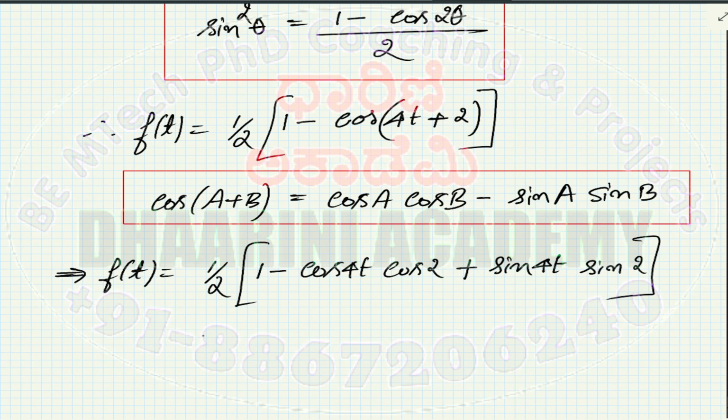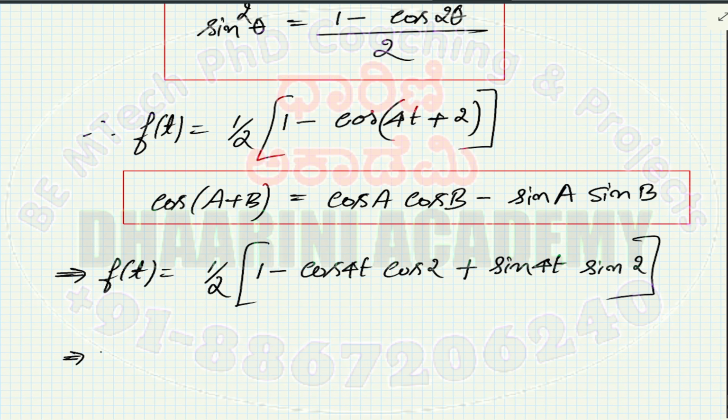All right, now we can see that we can directly convert them into the corresponding Laplace transform. Now you see that though this is a product, cos 2 is a constant, so we need not convert this into a sum once again, it's not required.